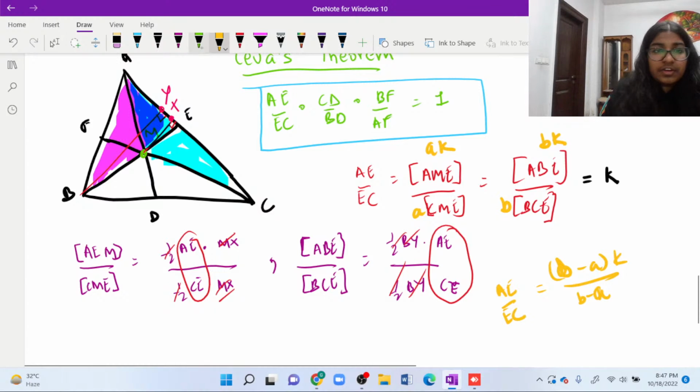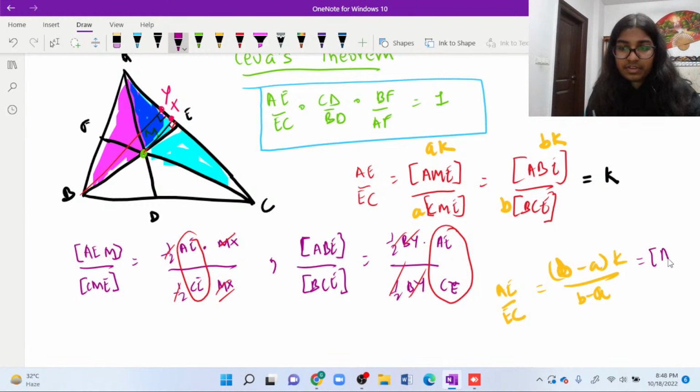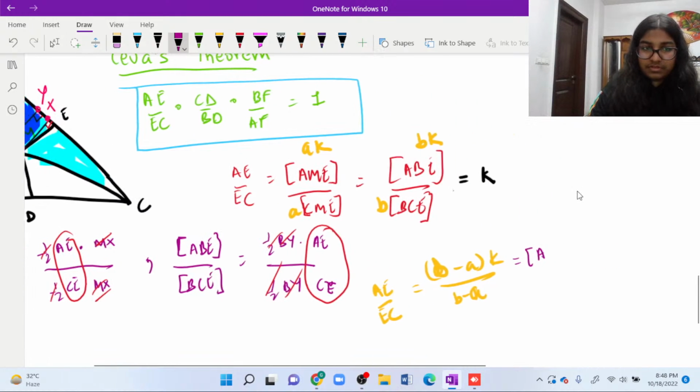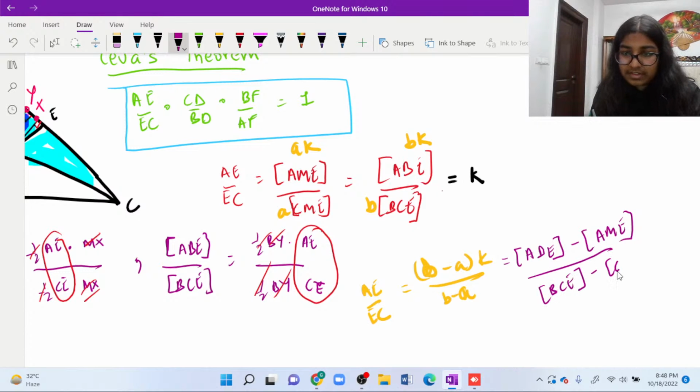And B minus A times K is just BK minus AK, which is just ABE minus AME, which is just area ABE minus area AME upon area BCE minus area CME.